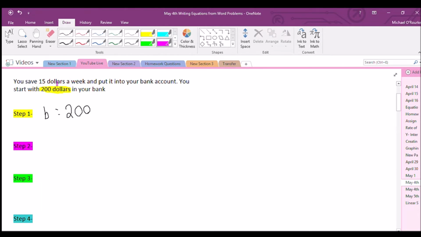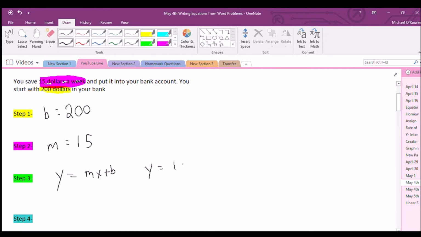So that's our rate of change. So that is my m value, 15. Now, if I were to write this in my equation, I would write it like this: y equals mx plus b, or let's replace our numbers.